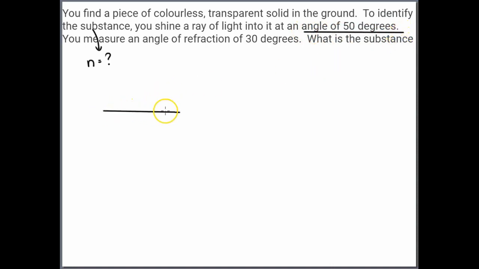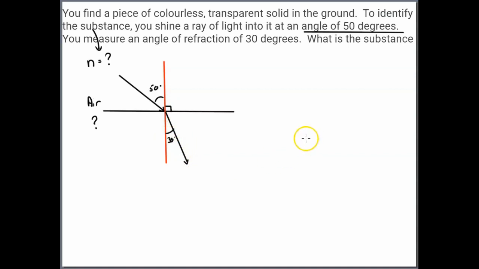So we have air and some unknown substance. If we have our normal line, which is perpendicular, 90 degrees, and we shoot it in at 50 degrees, that's an angle of incidence of 50 degrees, we measure an angle of refraction of 30 degrees.